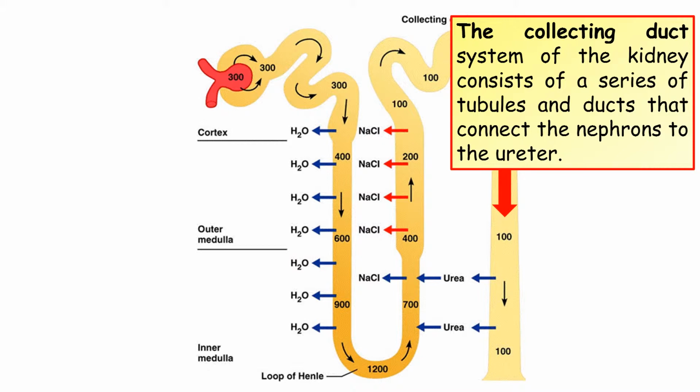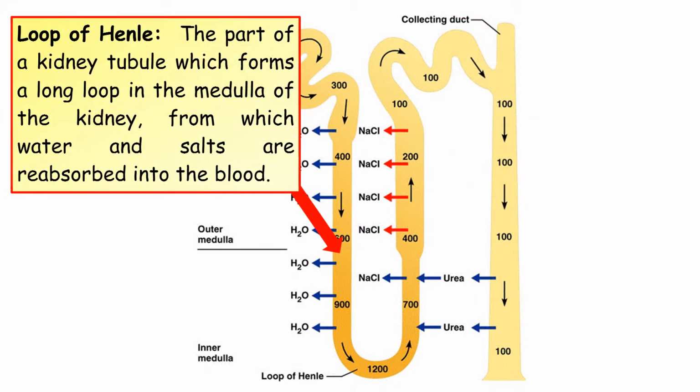To one side of each loop of Henle is a collecting duct. This is a system in the kidney that consists of a series of tubules that connect to the nephrons and the urethra. You've got the loop of Henle.